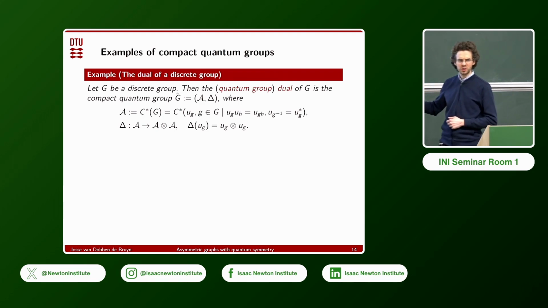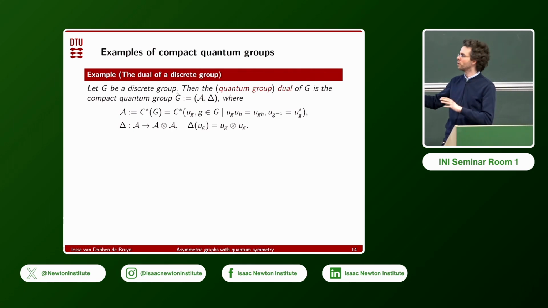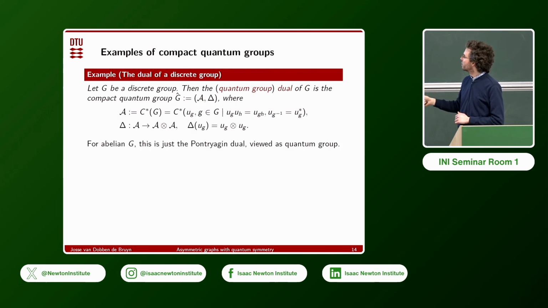Actually, the co-multiplication will not be very important for this talk. So for us, we can just focus on the C-star algebra. It's going to be just a group algebra. And if the group we started with was abelian, then this is just the Pontryagin dual of the group, but viewed as a quantum group.